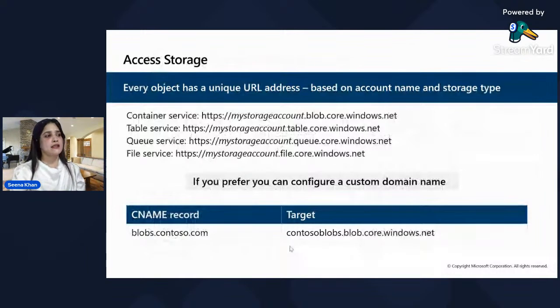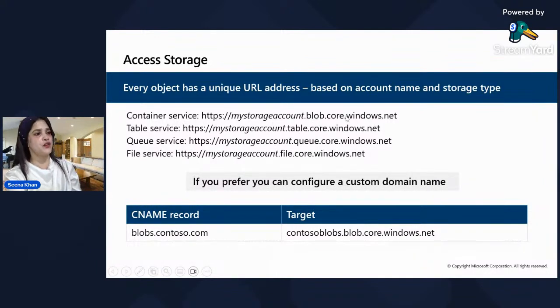Next is access storage. So every object has a unique URL address. So same here also in this service, container service. It is having a unique URL, mystorageaccount.blob.core.windows.net. By seeing the URL itself, we can easily identify which storage service it is.